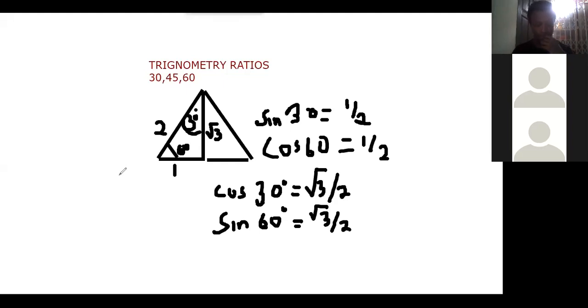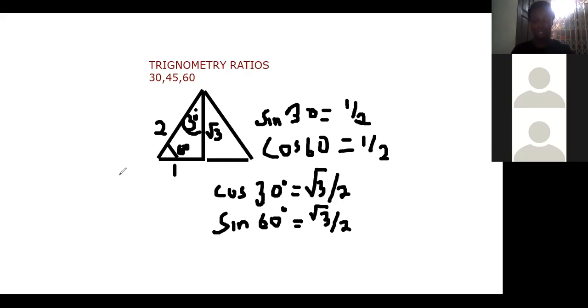Ruben, talk to me. The triangle that you've drawn, how did you know that the angle opposite is sine, and cos is used for this one and sine is used for that one? Frame your question again. How did I know that cos is equal to adjacent all over hypotenuse?